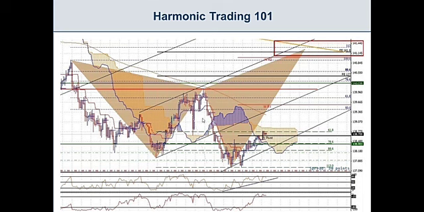So as you can see, you can clearly see the waves here: wave 1, 2, 3, 4, and then the reversal zone. And this is what you are going to be trying to find on your charts when you are trading with harmonics.